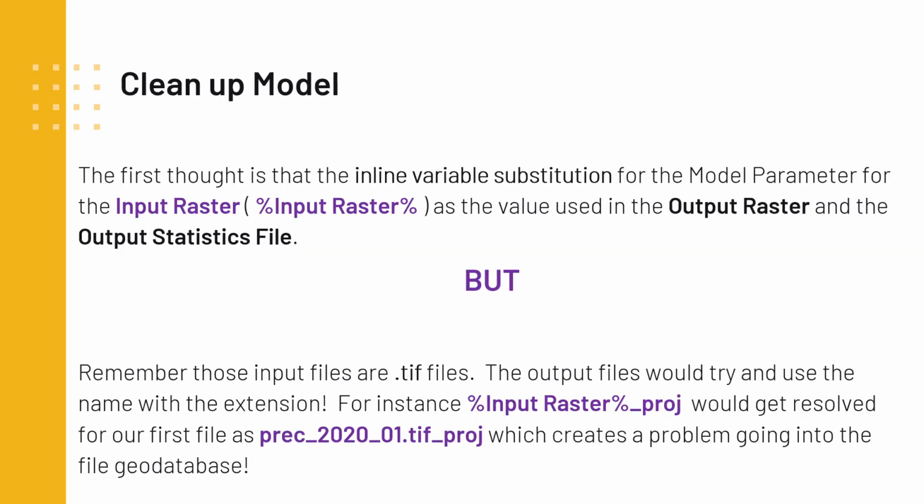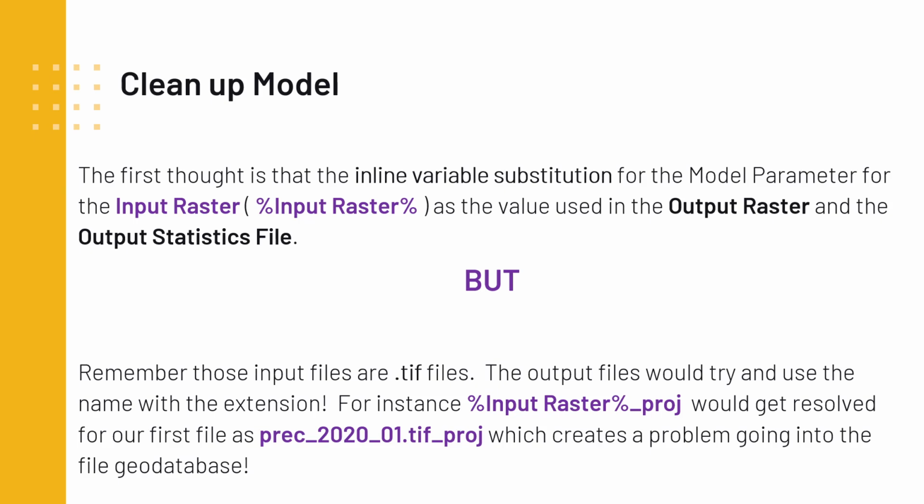Perhaps the first thought is to use inline variable substitution for the model parameter for the input raster. That would be denoted by percent input raster percent sign as the value for the output raster and the output statistics file, and then make some additional changes to that.